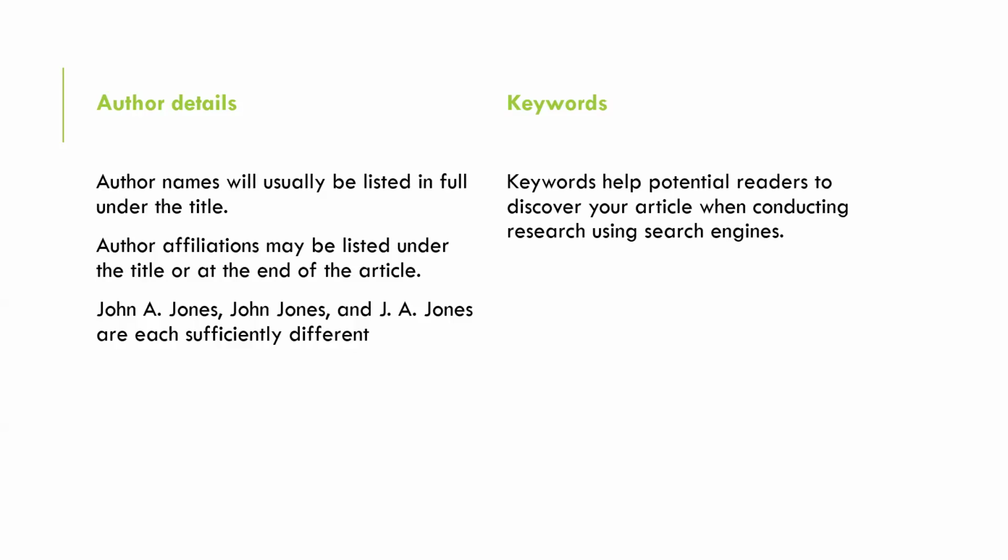For example, John A. Jones, John Jones, and J. A. Jones are very different. So it's better to choose one of them, because it will be easier for others to follow your research later. Besides that, we have ORCID and so on. However, it's suggested to use one style in doing the research.